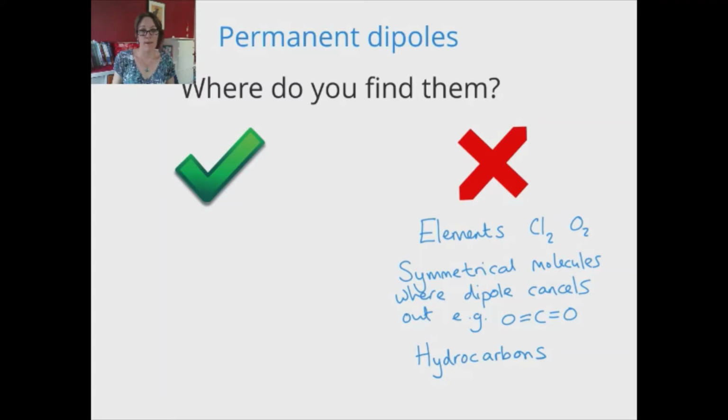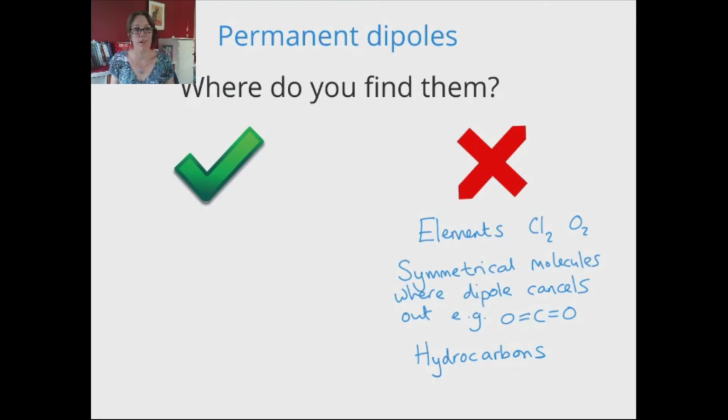The other place that you don't find permanent dipoles is in hydrocarbons. So alkanes, alkenes, and anything containing a benzene ring, assuming it has nothing else attached to it other than hydrogen and carbon. So hydrocarbons, we kind of assume that carbon and hydrogen with such close electronegativity values don't make permanent polar bonds.